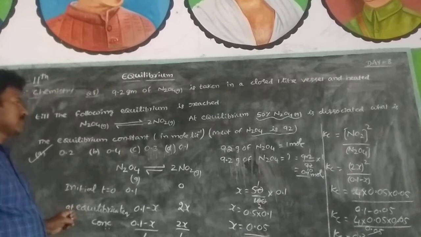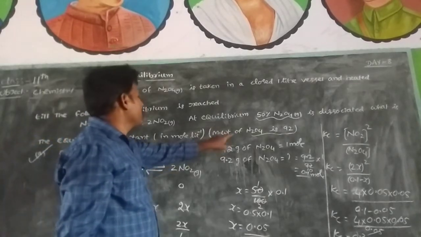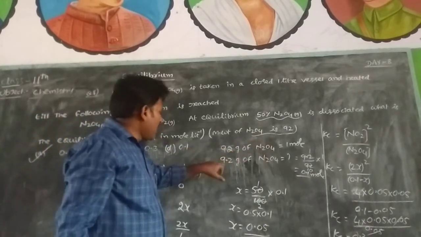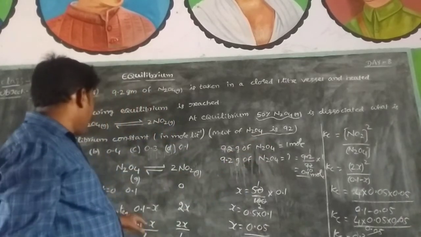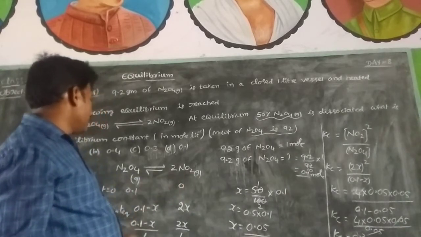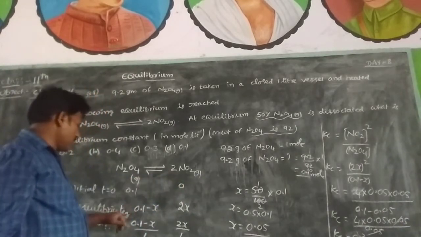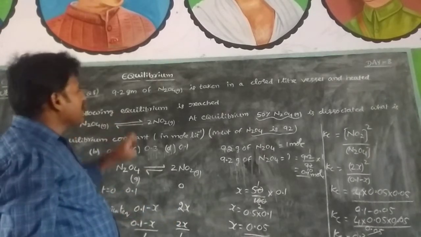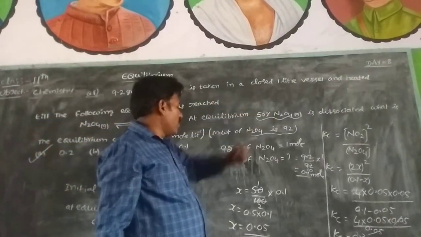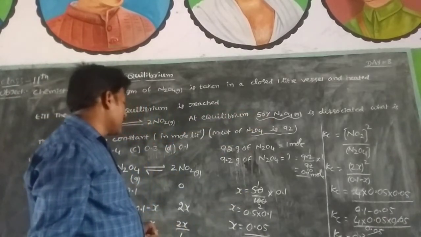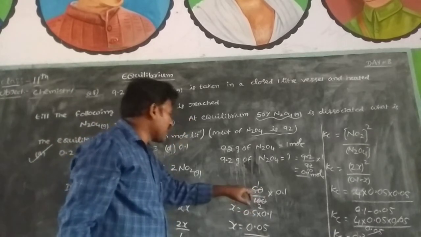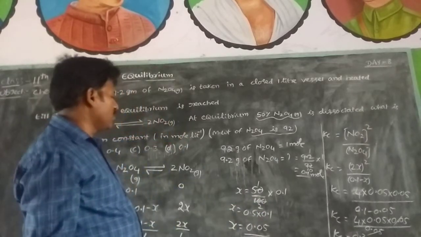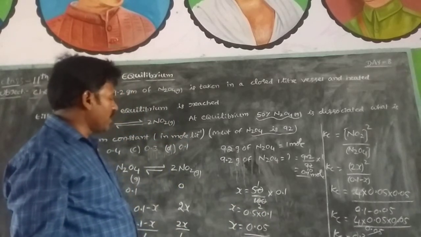Already, 92 grams of N2O4 is 1 mole, so 9.2 grams of N2O4 means 0.1 mole. Initially it is not converted to product, that's why 0. At equilibrium, 0.1 minus x and 2x. 50% of N2O4 dissociated means x is equal to 50 by 100 into 0.1, that is 0.5 into 0.1, x is equal to 0.05.